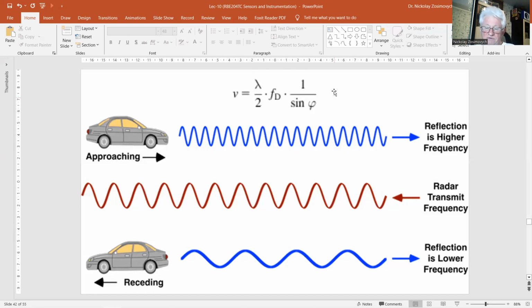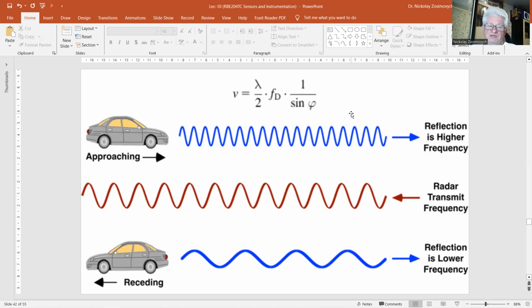Here lambda is the wavelength of the emitted laser light, and phi is the angle of incidence. At moderate velocity, the Doppler frequency is rather high. For instance, using a laser with wavelength 680 nanometers and normal incidence, phi equals pi, the Doppler frequency at a velocity of 1 meter per second equals 2.9 megahertz.